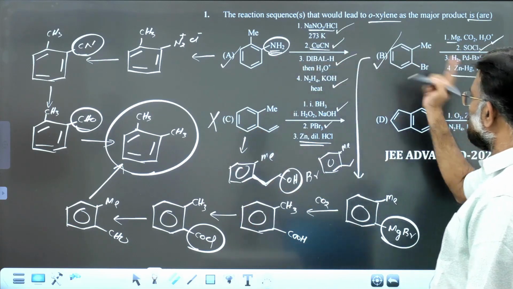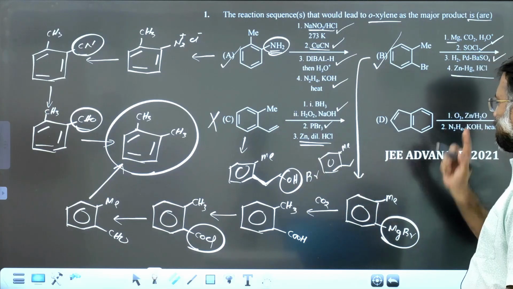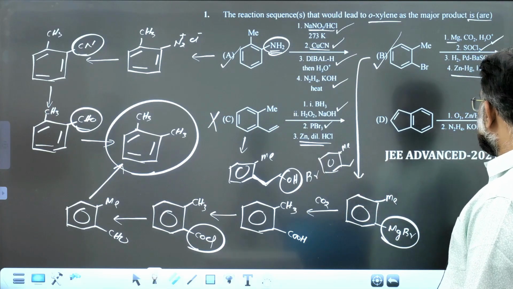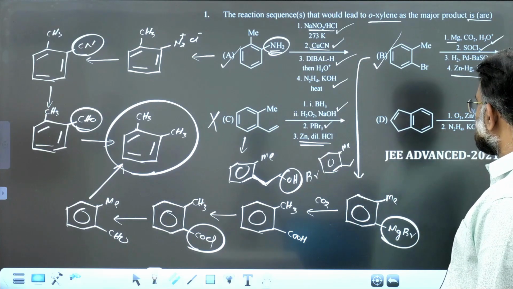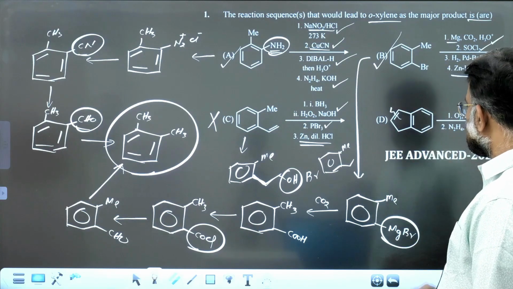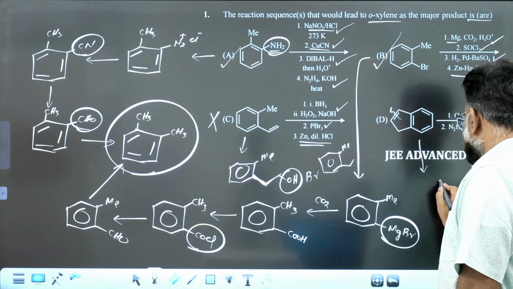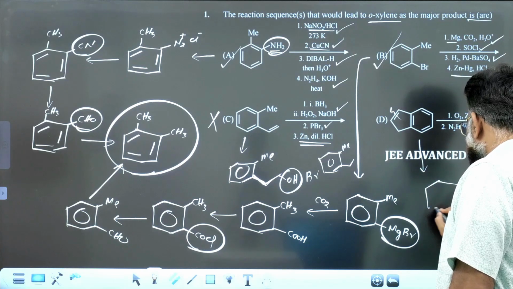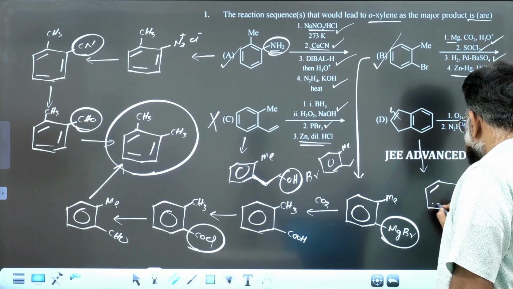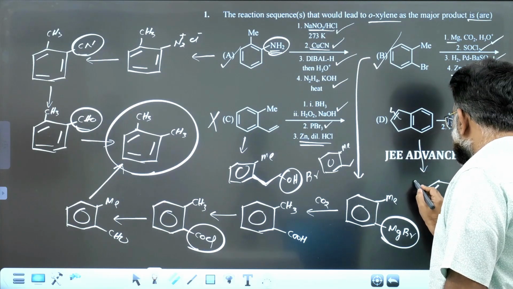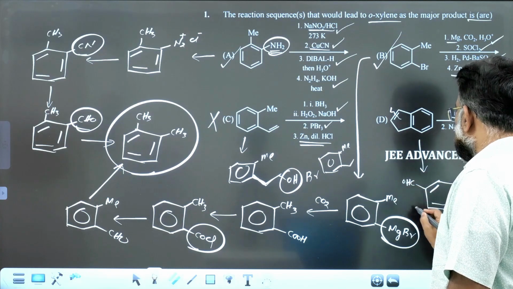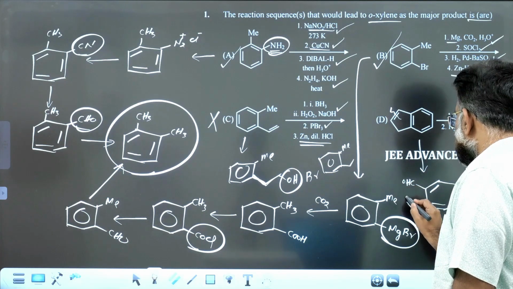A in, B in, C out. What about D? First one, ozonolysis. Here the ozonolysis reaction is happening, and the result will be like this. There is a benzene ring here, and here it turns into CHO group, and here it turns into CHO group.